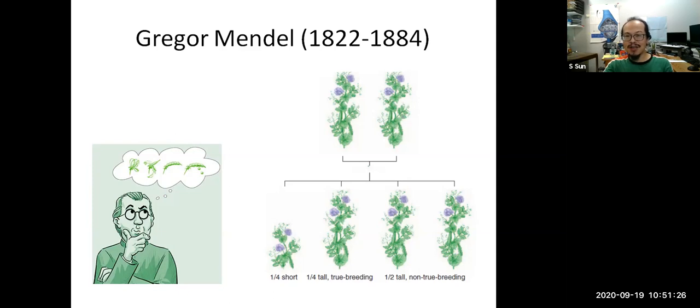The one short allele is the reason we have the short kids, but it is not showing in the parents because the short allele is recessive. So if two parents with the same phenotype provide offspring with a different phenotype, that different phenotype must be recessive. So that's his observation.